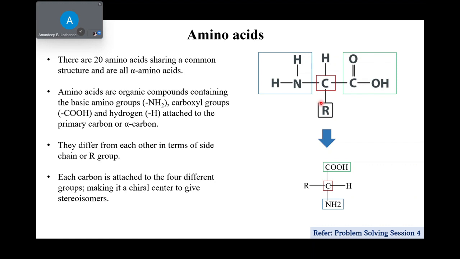So each amino acid, just by convention, you either show it by a single letter or by the three-letter abbreviation. For example, let's go over a few of them. Let's say glycine. If you want to write glycine in short terms, you will have GLY or G. Similarly, alanine, you will write it as either ALA or A being the single letter.